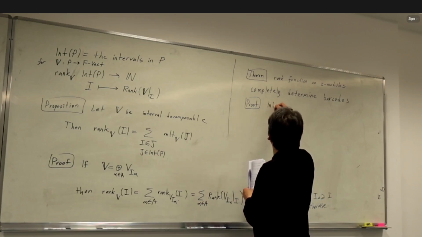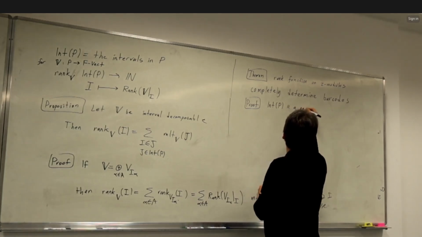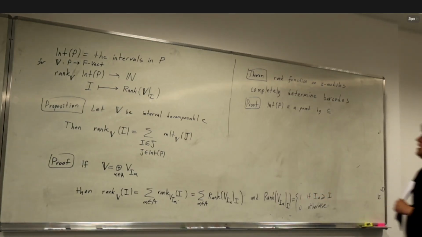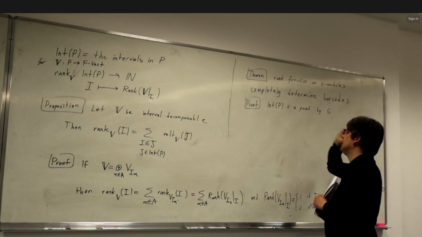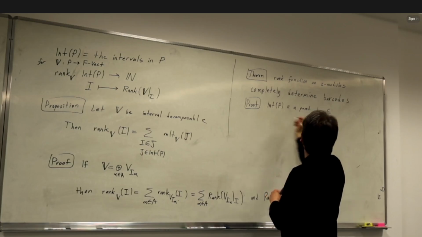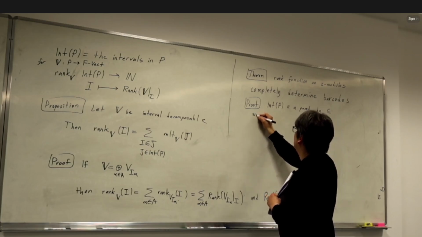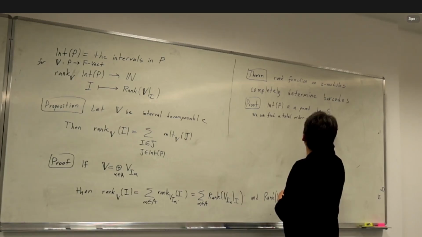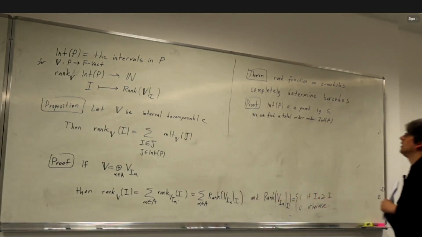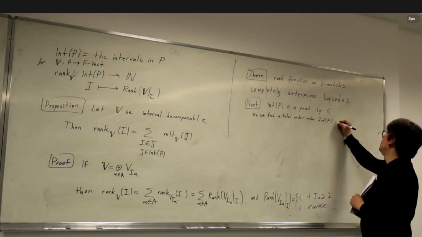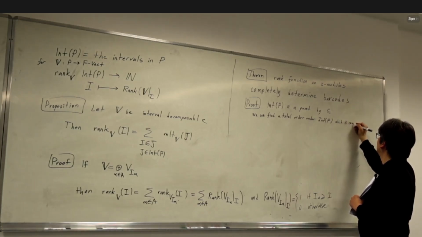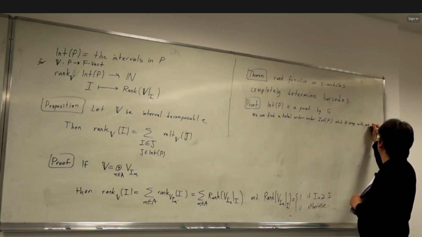Well, so this is a poset, the poset given by the subcategory inclusion of intervals in each other. And then you can find a total order on this interval poset, which agrees with, which is compatible with the partial order.